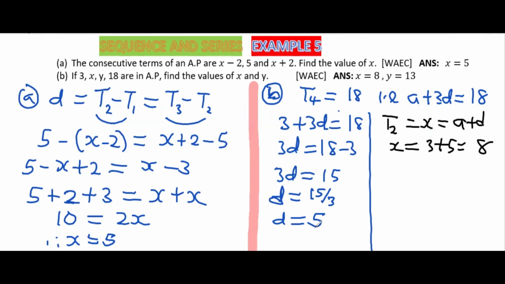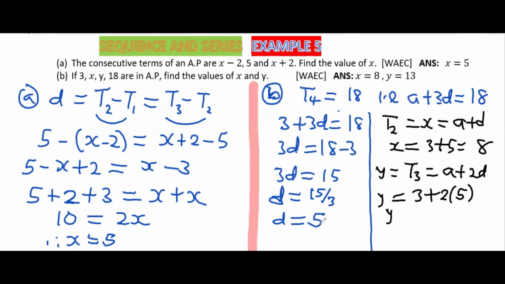So the value of y equals to, y is the third term here, that is T3. The formula for T3 is a plus 2d. This means y equals to, what's the value of a? That's the first term, which is 3, plus 2 times the common difference, which is 5.